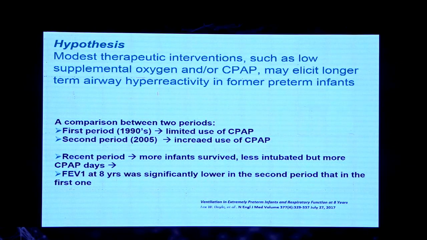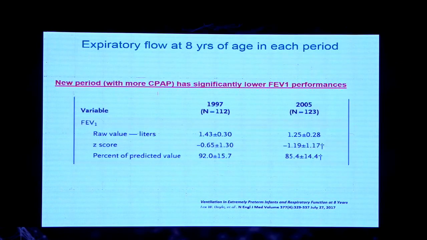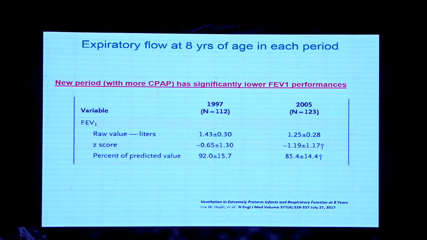And this is going against our belief, but it's actually true. In the first period, FEV1 was higher despite the existence of ventilatory techniques that were probably not that modern and not that appropriate compared with now.